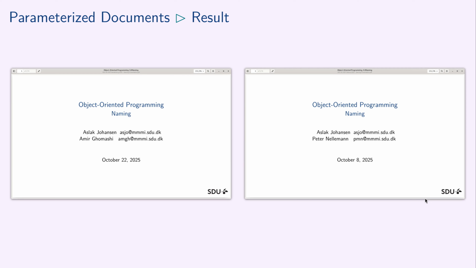When I run this, I get the result that looks like this. And on the surface, they look pretty much the same. It's the same size, almost the same file name, same title, but the date is slightly different, and the author set is slightly different. Now, there are other differences inside this file.